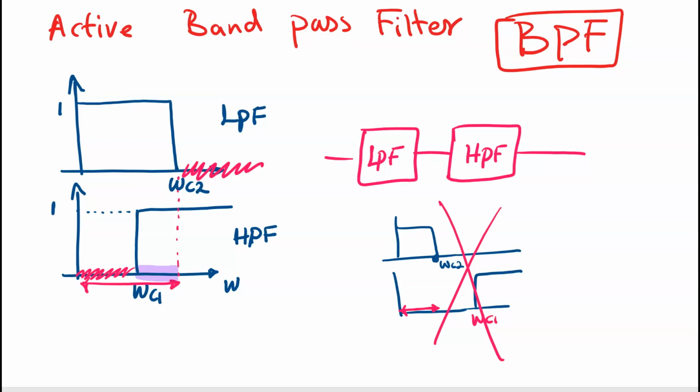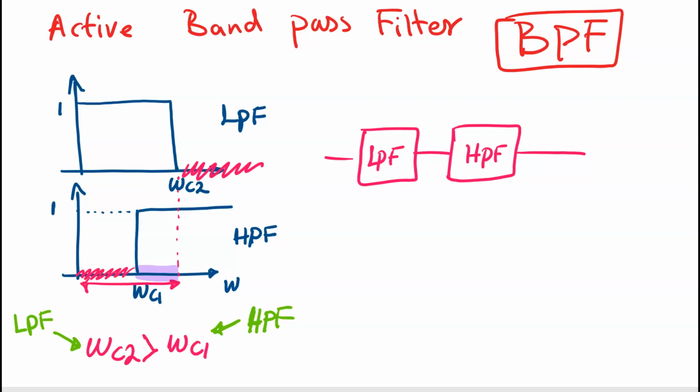So I can use a low-pass and high-pass filter. I can cascade them. If the cutoff frequency of the low-pass filter is greater than the cutoff frequency of the high-pass filter, then I can assume that by cascading them, I'm looking at a bandpass filter. Now the question is, what are going to be the cutoff frequencies of the bandpass filter?